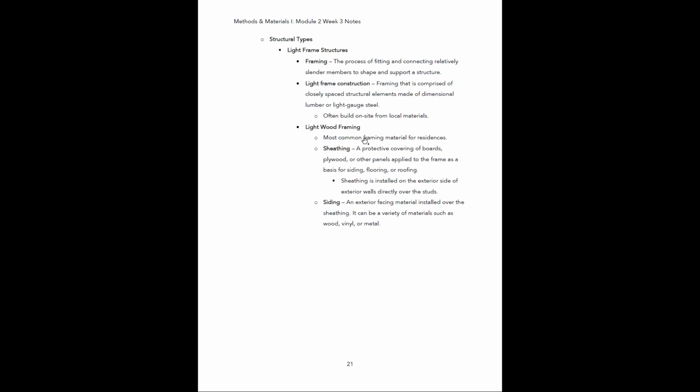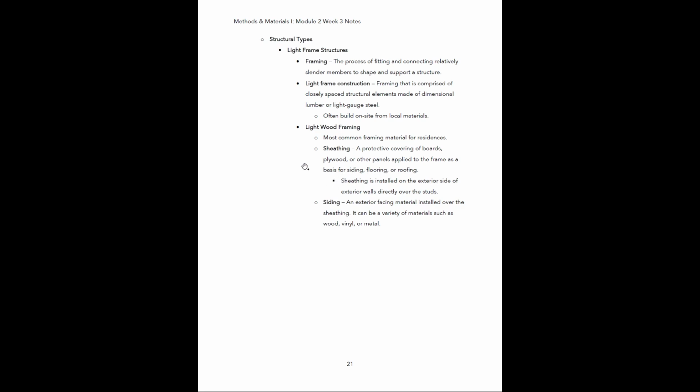Again, this is what I was just saying. Light wood framing is the most common framing material for residences. Sheathing is a material that is applied over top of the studs on the exterior side of an exterior wall. It's made out of plywood or other panel materials, and it's used as a basis for siding, flooring, or roofing.